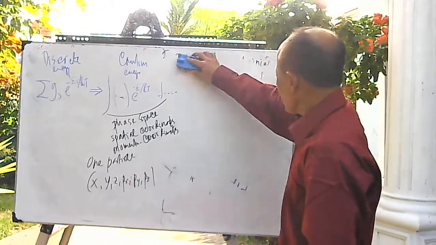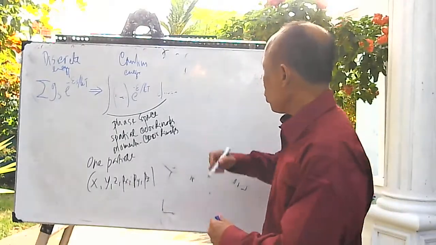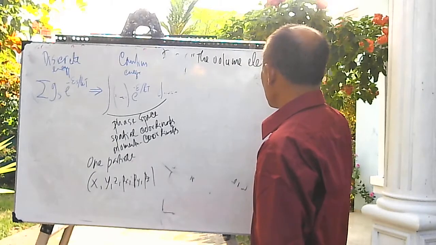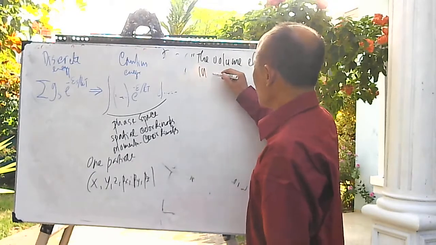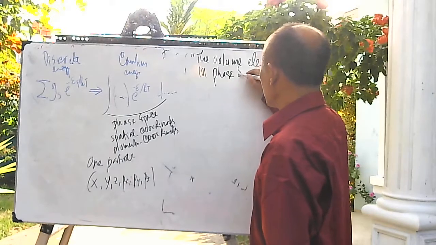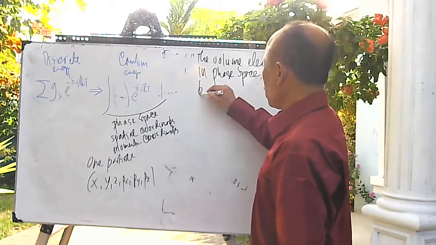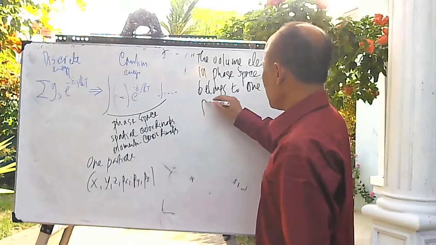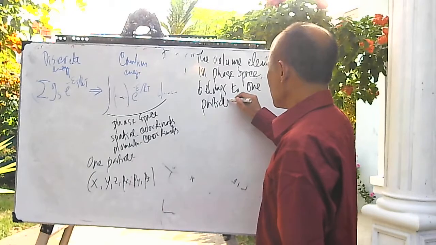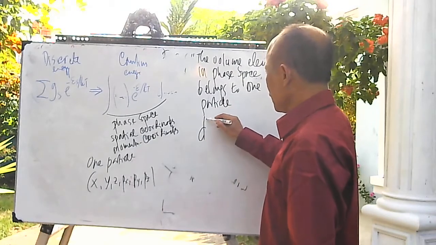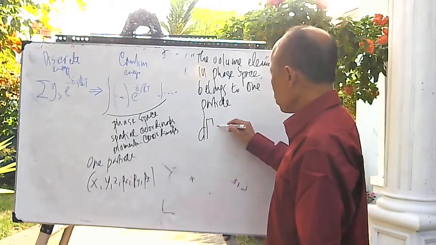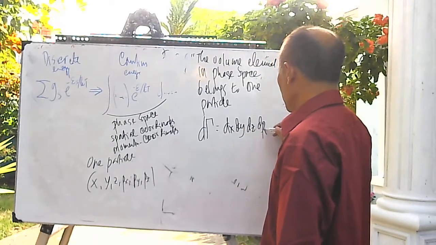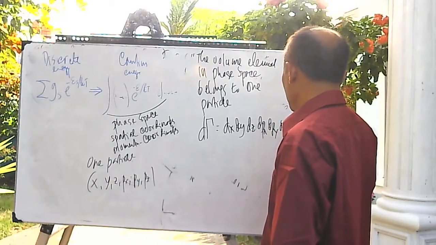So the volume element in phase space belonging to one particle is d gamma, equal to dx dy dz dpx dpy dpz.